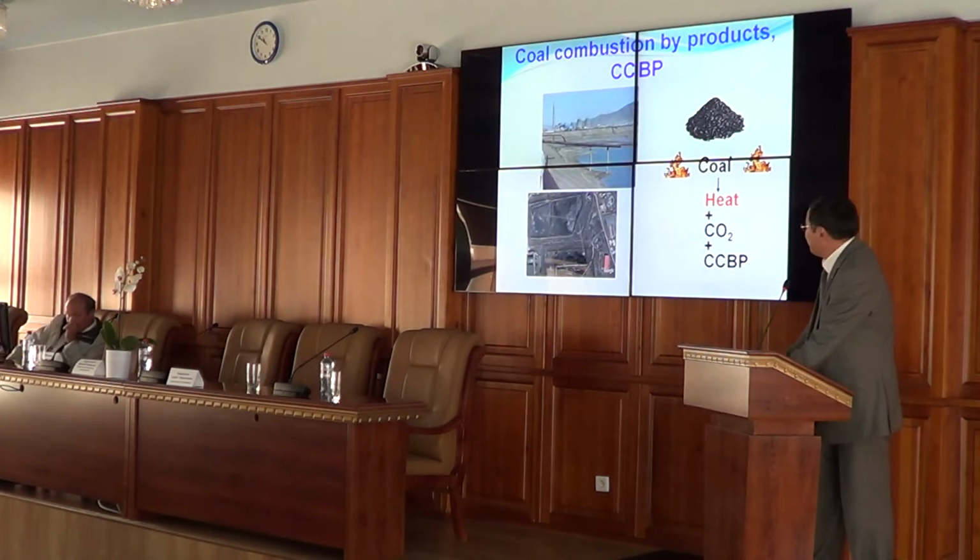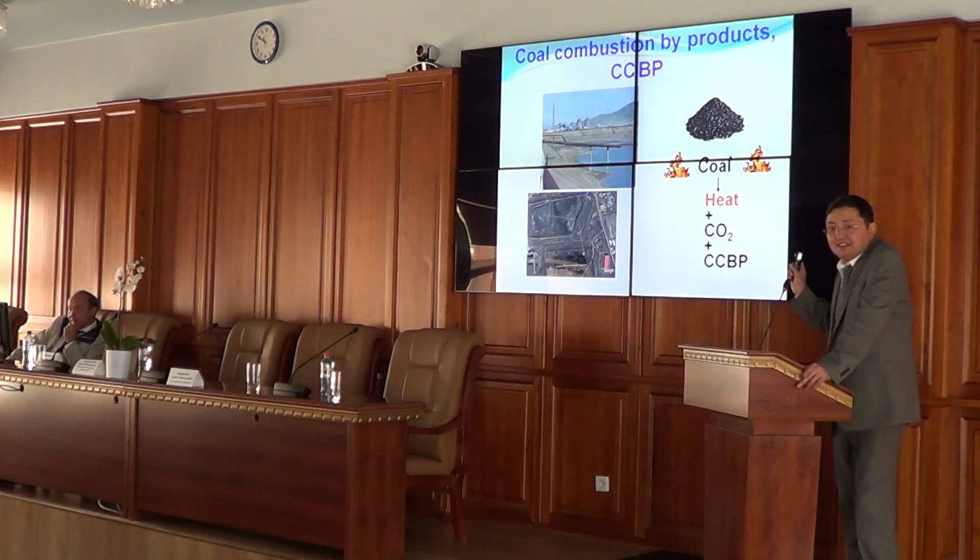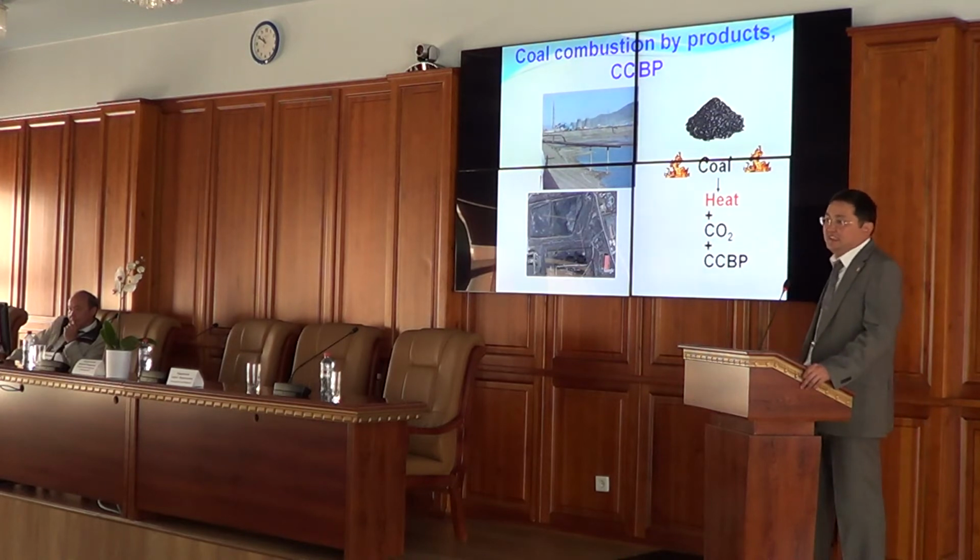Okay. We all know that we are using coal for getting heat. And with heat, we have carbon dioxide and coal combustion byproduct. Coal combustion byproduct is the non-combustible inorganic residue of the original coal.